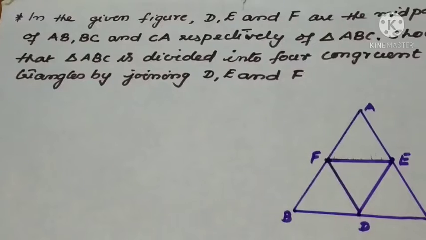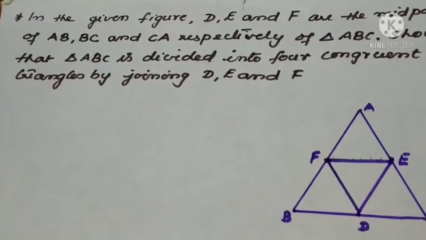In the given figure, D, E and F are the midpoints of the sides BC, CA and AB respectively of triangle ABC.